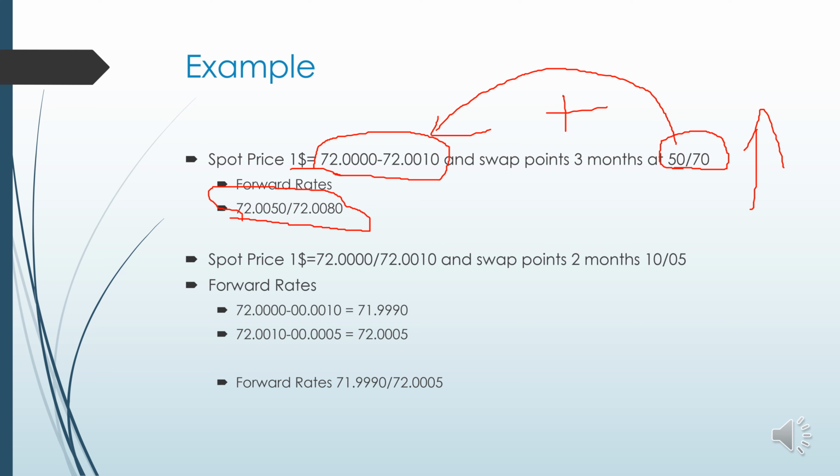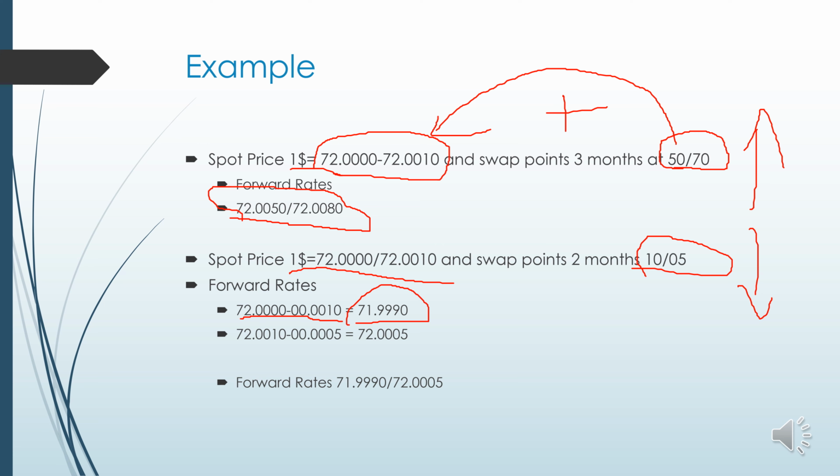Suppose the spot rate is $1 equal to 72.0000 by 72.0010, and the swap points for 2 months are 10 by 05, in descending order. Here the forward rates will be: 72.0000, from which we deduct 0.0010, and we arrive at 71.9990.